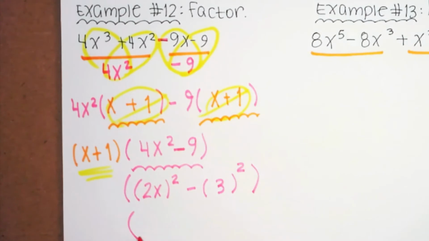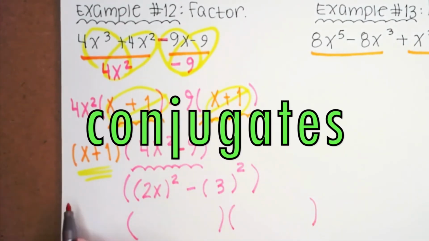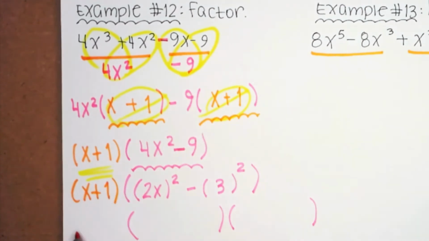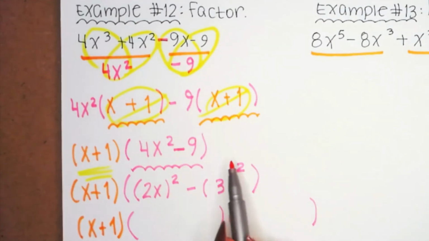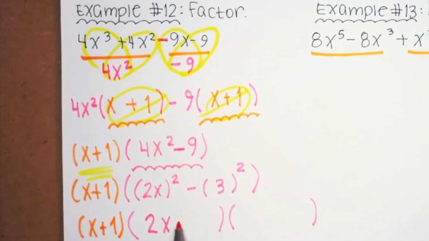I'll be able to factor that with the use of conjugates. The x plus 1 just comes down for the ride, and we take away those little squares, 2x minus 3, and 2x plus 3.